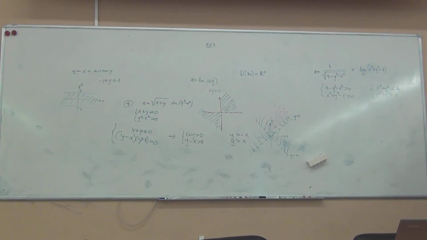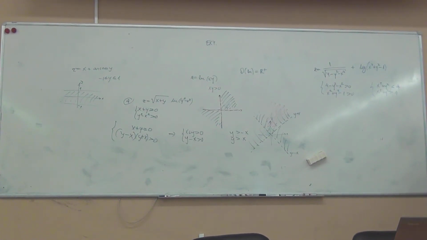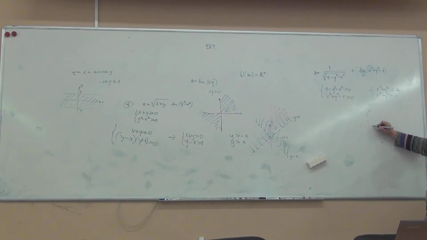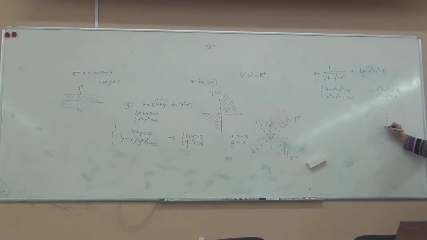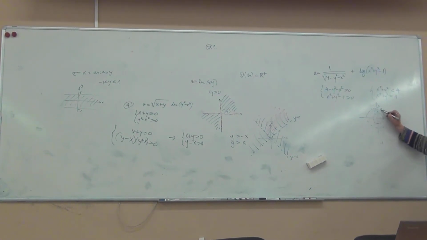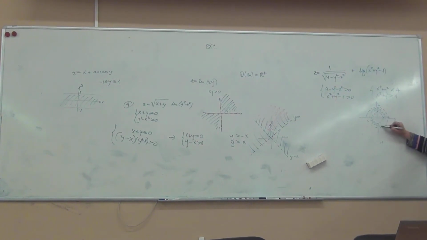So it's again the same ring, but this time without the circumference curves themselves. Only the part between the two circles, between the two boundaries. So in this case, it has to be like this: 1, 2, 1, 2. Only this part between the two circles, but not the boundary lines.